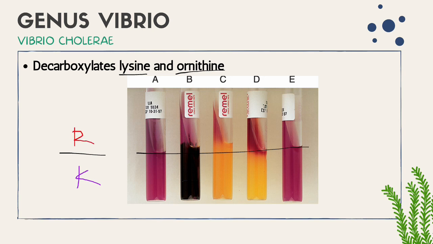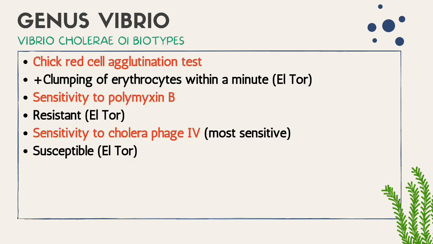That means for the deaminase, if our slant is red, there is acid formation all throughout the medium. While for decarboxylation, if it is purple, there is alkalinity, or alkaline, all throughout the culture medium. So I hope that is clear.